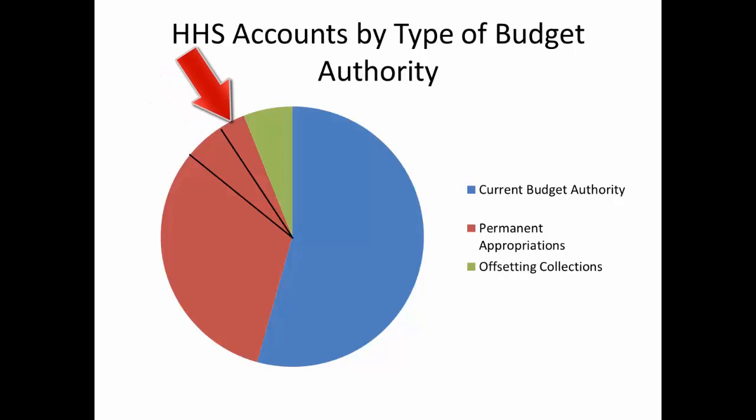Let's take a look at a couple of special fund authorities. In this example from the Technology Transfer Act, Cooperative Research and Development Agreements, or CRADAs, were given the authority to accept, retain, and use funds collected from a collaborating party.